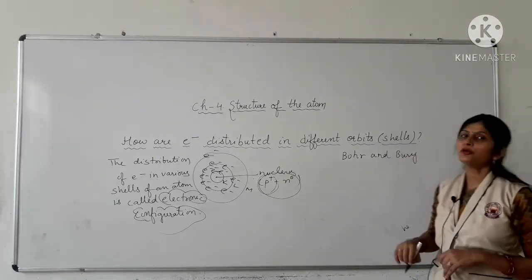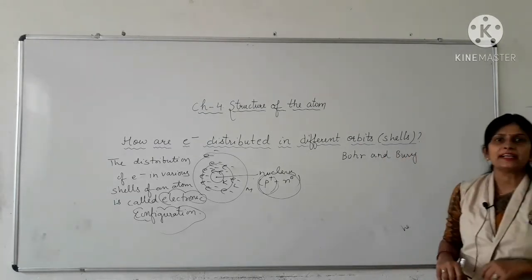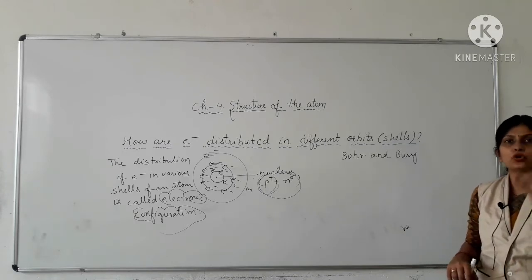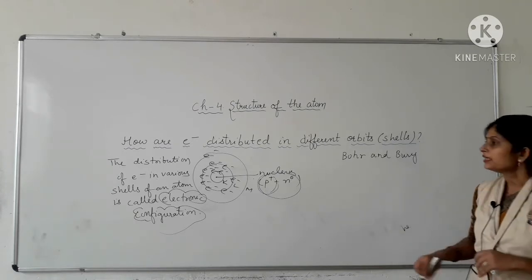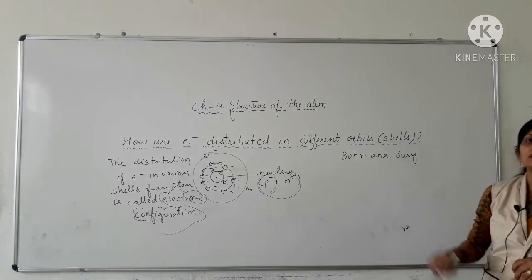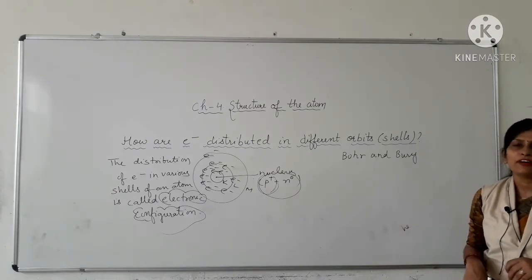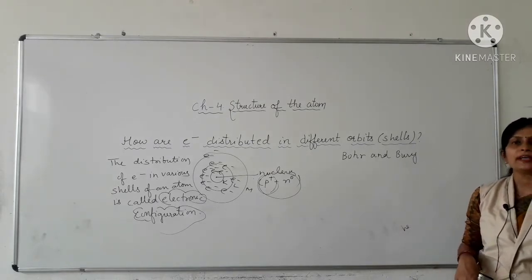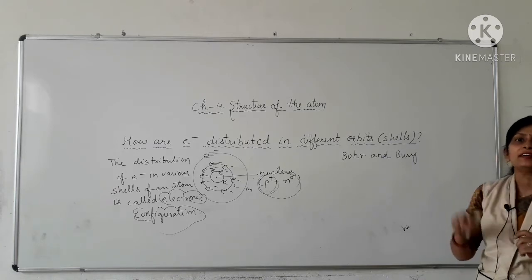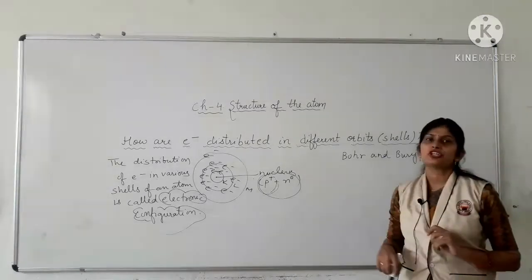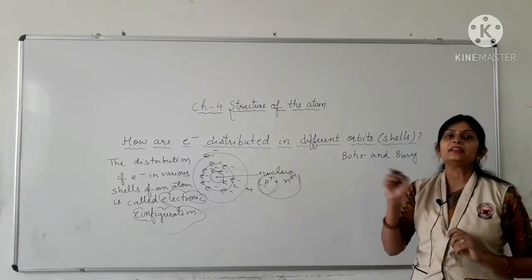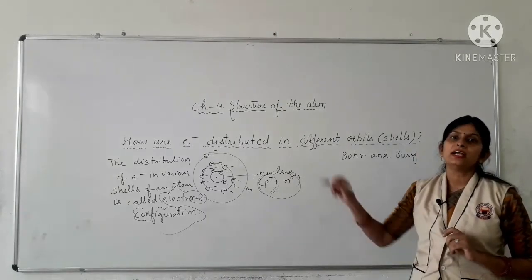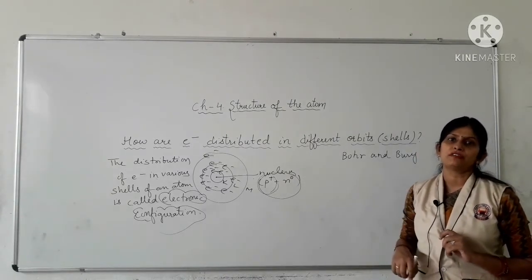So Bohr and Bury were the two scientists who gave certain rules for the distribution of electrons in various shells of an atom. By following those rules, we can write the electronic configuration of an atom, the distribution of electrons in various shells or orbits of an atom.